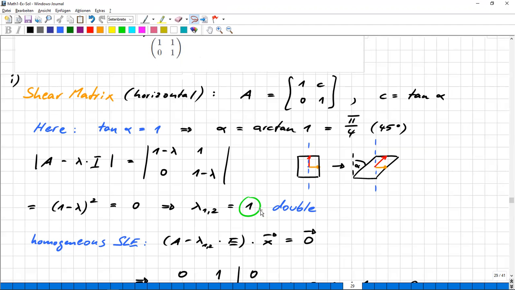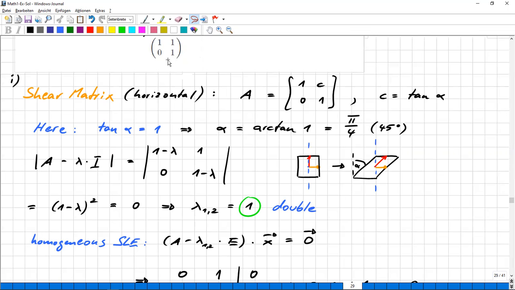Anyway, this is the so-called algebraic multiplicity of this eigenvalue, this solution to the characteristic equation, as we call it. If you add together the multiplicities of all solutions of this equation, it must always be the degree of this equation, and so it must be the dimension of the matrix. That's a fact by the fundamental theorem of algebra, at least if we allow for complex solutions.